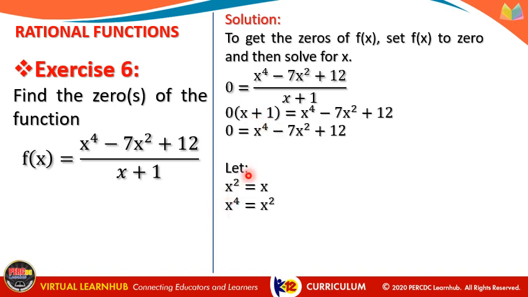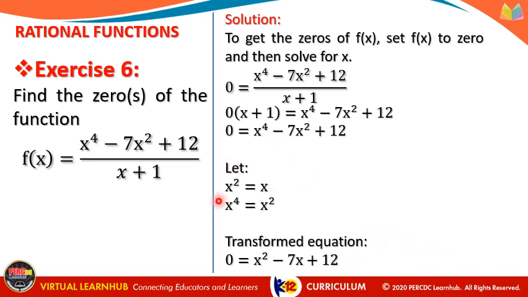Tapos, lahat naman ng x squared ay magiging x. Therefore, itong x squared na ito ay magiging x. So, again, x raised to 4 becomes x squared becomes x. Our polynomial, when transformed, will thus look like this one.